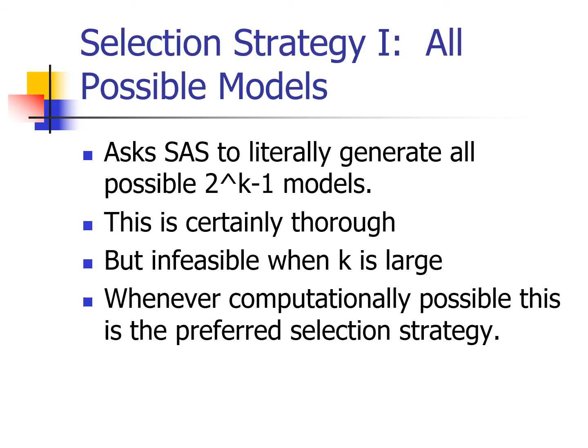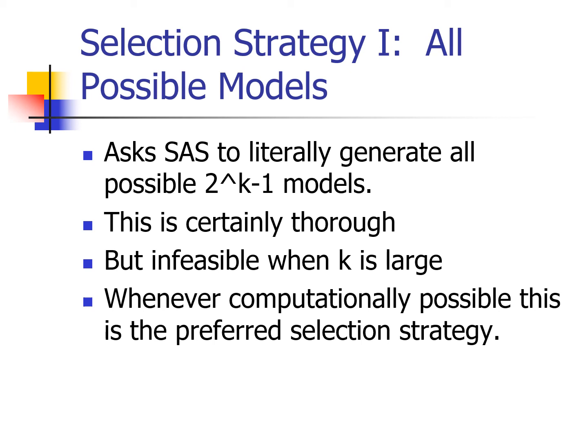All right, so let's talk through each of these 4 strategies. Strategy 1, all possible models. This is almost like the brute force approach, although we're really letting SAS do all the brute forcing. This essentially asks SAS to generate all of those 2 to the power k minus 1 models.